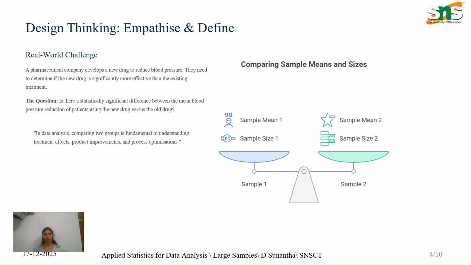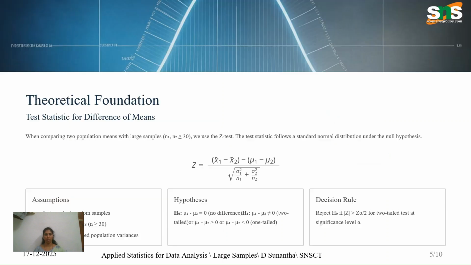They need to determine which medicine is more effective, so they compare the mean of the previous medicine which they were suggesting and the new medicine which they developed. They need to significantly know the difference between the mean blood pressure reduction of patients using the new drug and the old drug. So they are using this difference of two means topic.